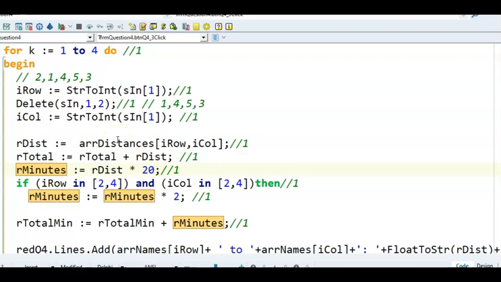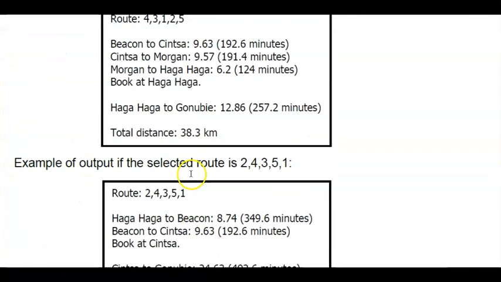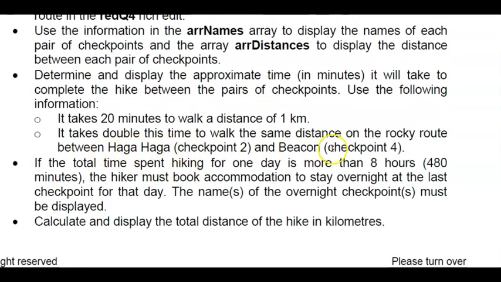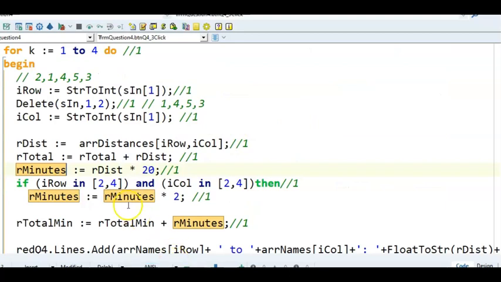The question then said if it was between the two checkpoints, I can't remember the names, it was 2 and 4. They said between Haga Haga and Beacon, there is a rocky route. It's going to take you double the time. So you want to check if the row is 2 and at the same time the column is 4, or if the row is 4 and the column is 2.